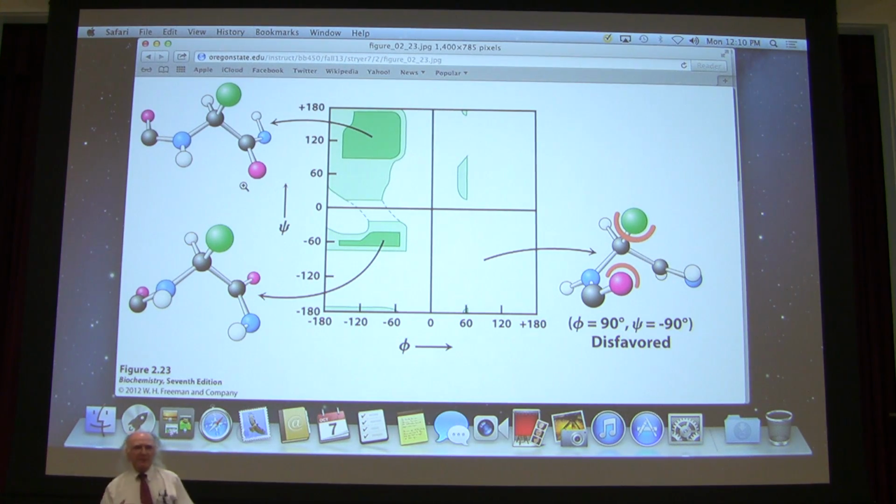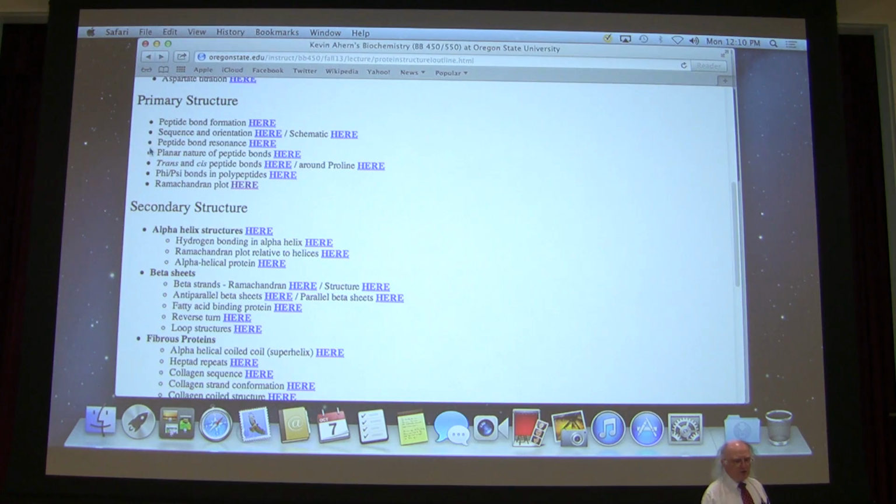And not only that, but we see commonality. We see these structures over and over inside of proteins, and we're going to talk about that. So that's the gist of a Ramachandran plot. You're not going to draw a Ramachandran plot. You're not going to interpret a Ramachandran plot. But you should know something about what a Ramachandran plot tells you.